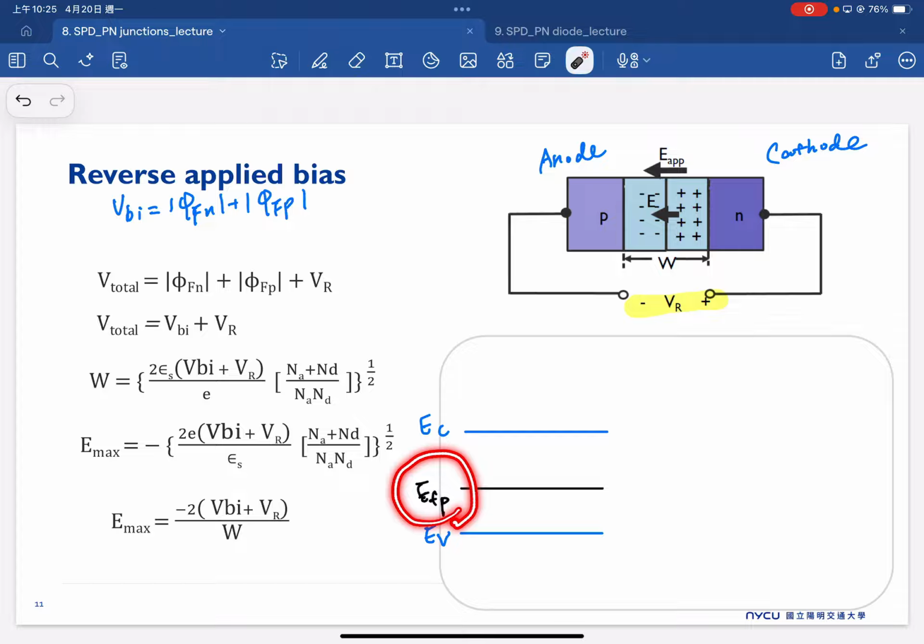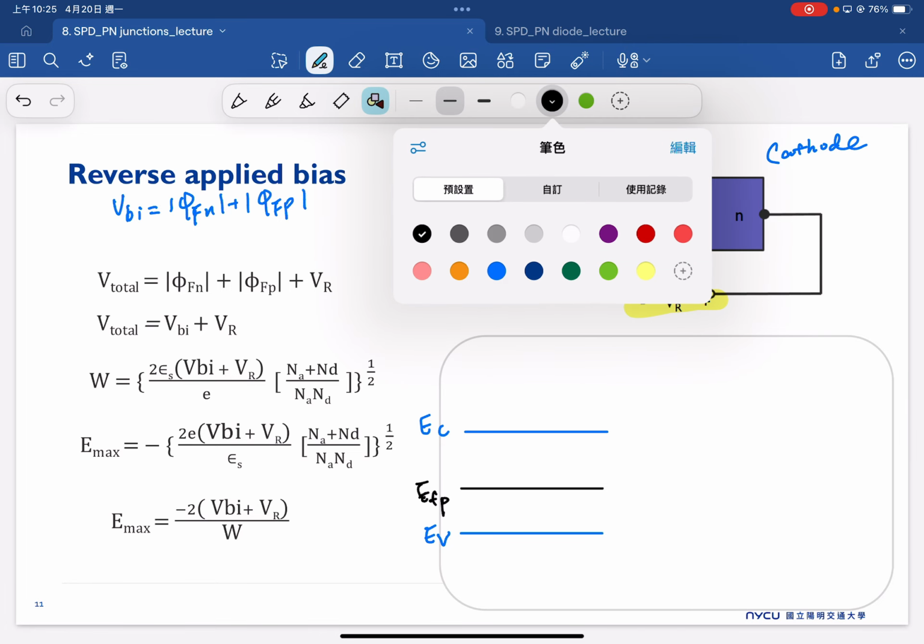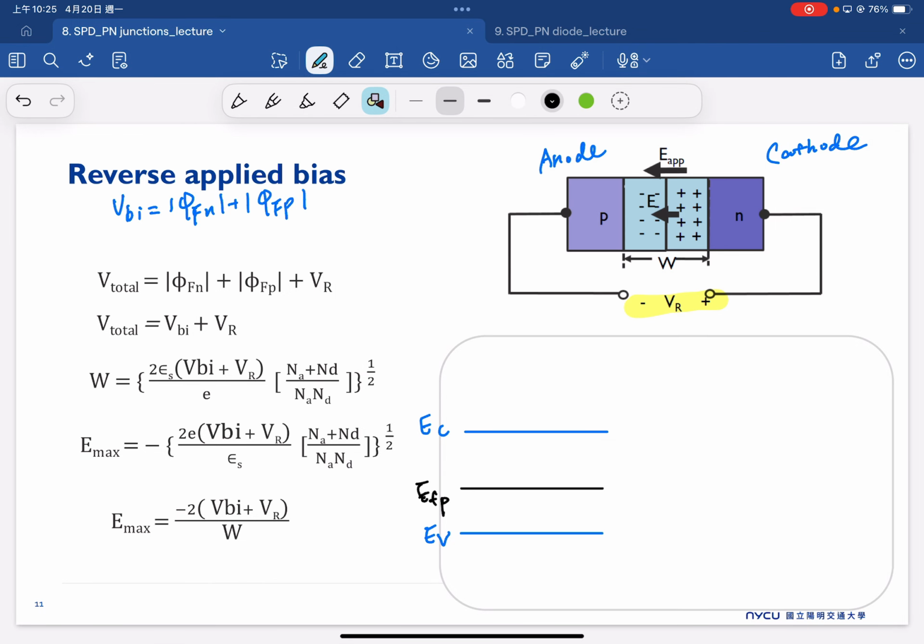And now, because we apply the additional bias in the cathode region, we will start to see the gap between the EFP and EFN, which is here.